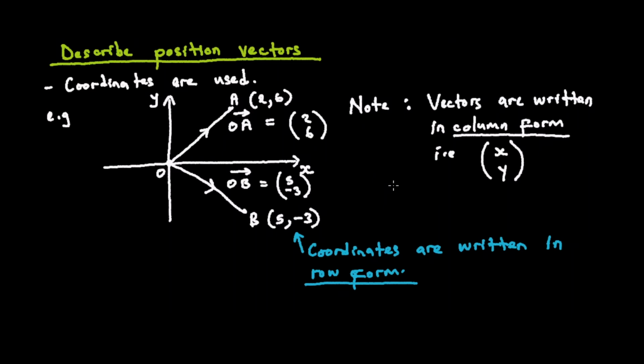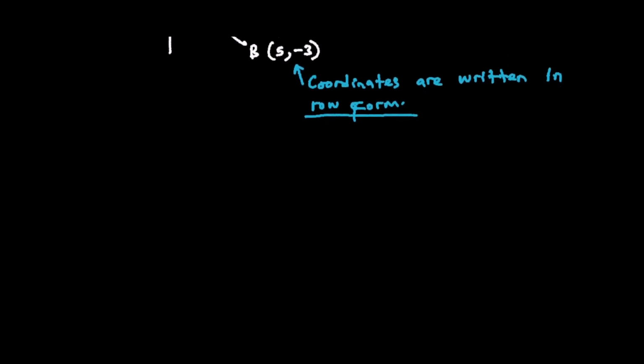So we have now mathematized what position vectors are. Let us now look at displacement vectors. My displacement vectors, as I said earlier, are just going to be adding upon what we already know when we talk about position vectors.